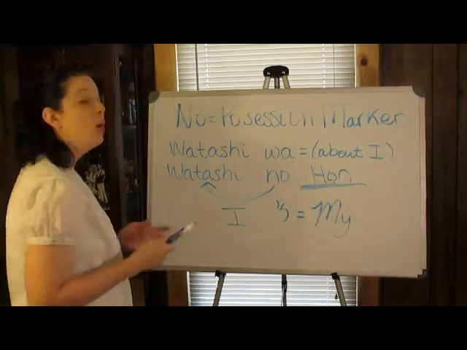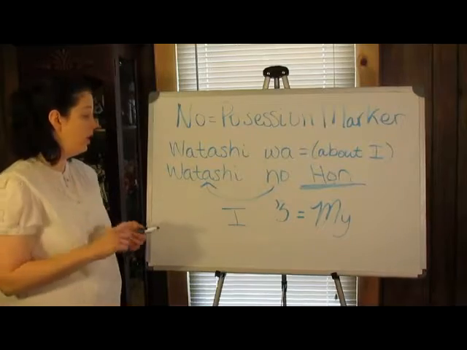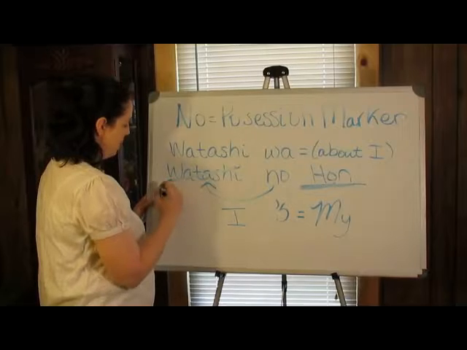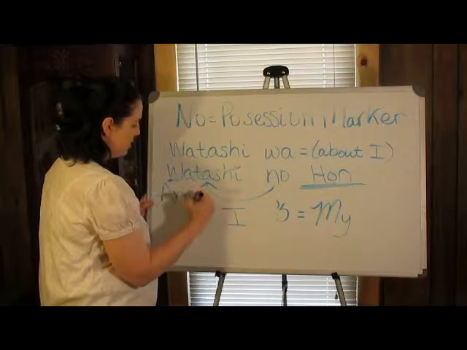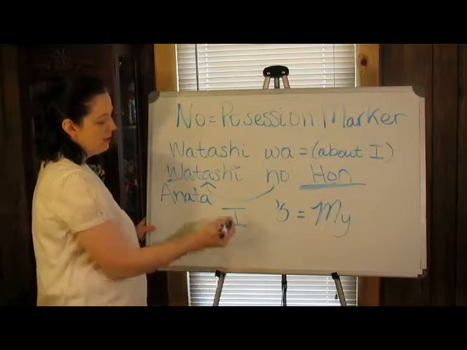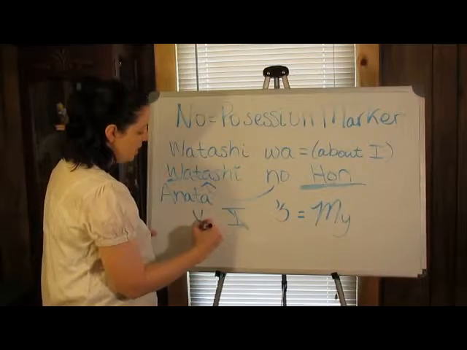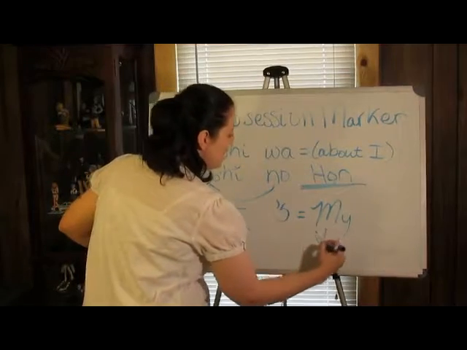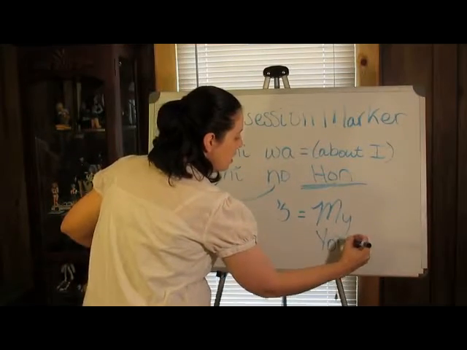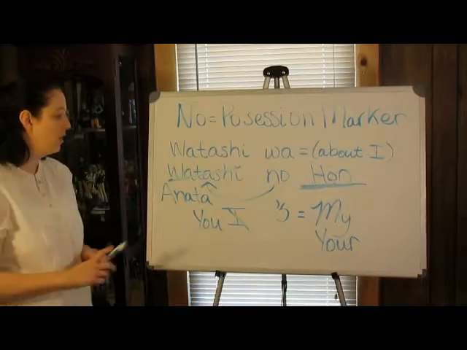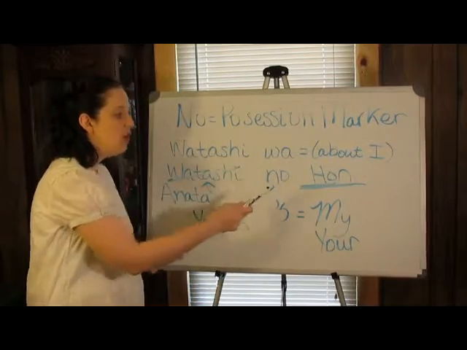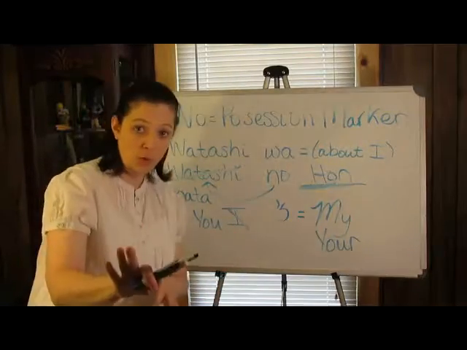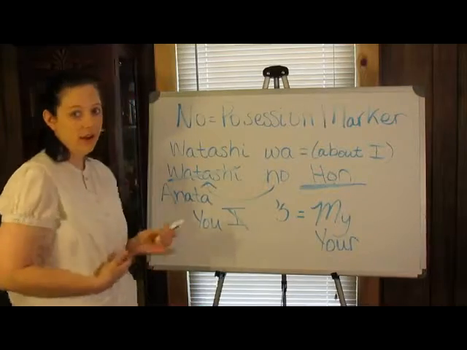Okay, if you wanted to make this your instead of my, you could take out watashi and put anata, and then the I would become a you, and you apostrophe S would be your. So, watashi no is my, and anata no is your. Alright.